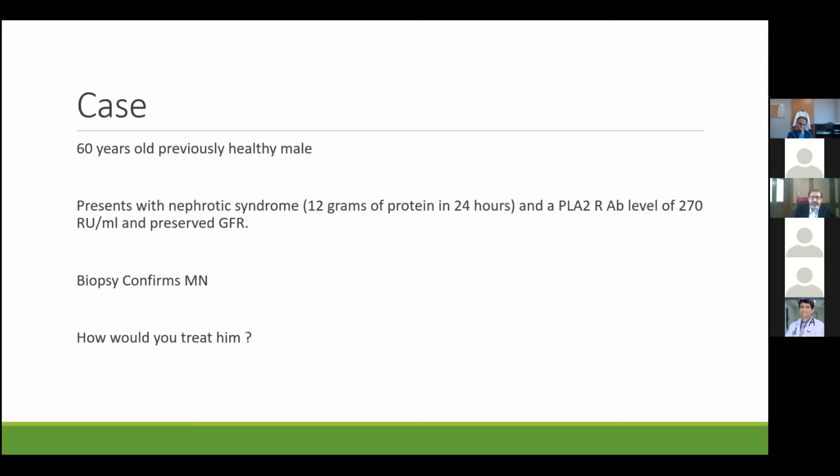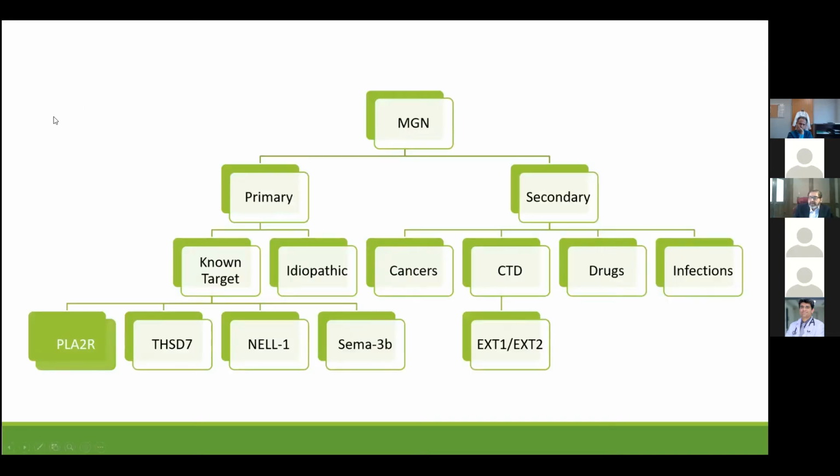So this is a very good place to start. Membranous nephropathy over the past 10 years has changed quite a bit. Before Larry Beck's and David Salant's paper in the New England Journal of Medicine, I think in 2009, we used to call all membranous as primary or secondary. Primary was all idiopathic. We knew nothing of this stuff.